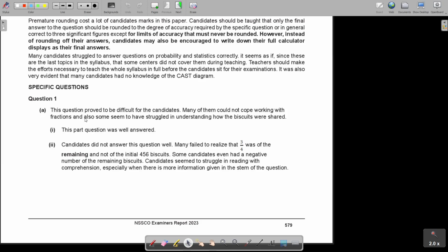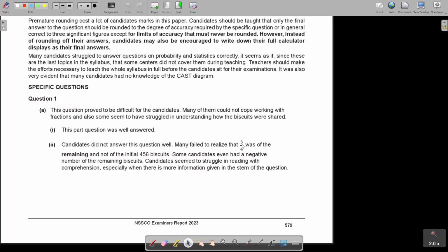Question 1. This question proved to be difficult for many candidates. Many of them could not cope working with fractions, and also some seem to have struggled in understanding how the biscuits were shared. Okay, of cupcakes, doesn't matter. This part of the question was well answered, the first one. Candidates did not answer the second one well.